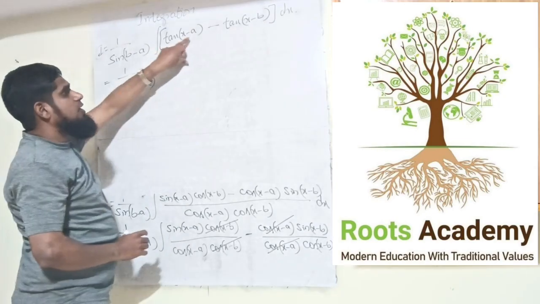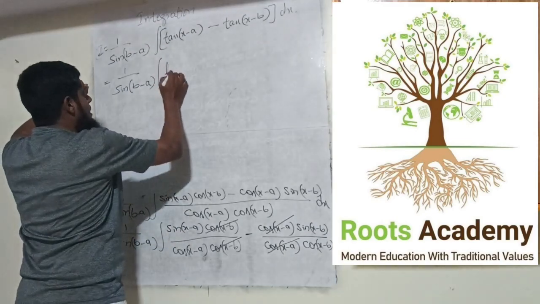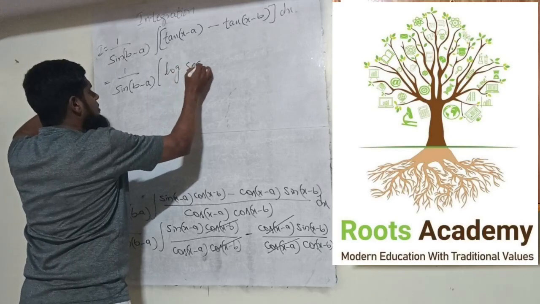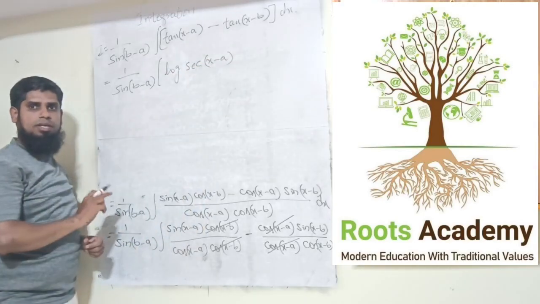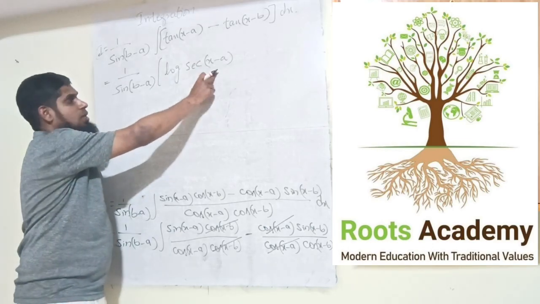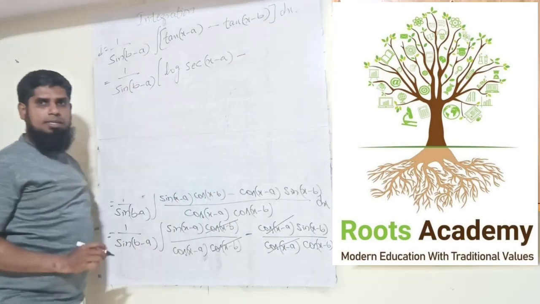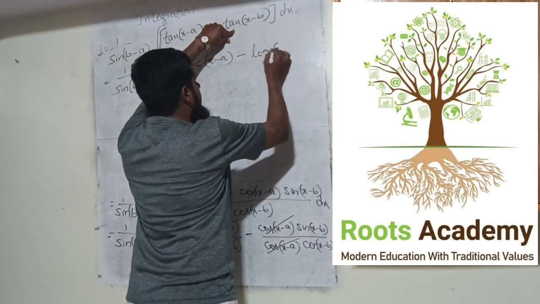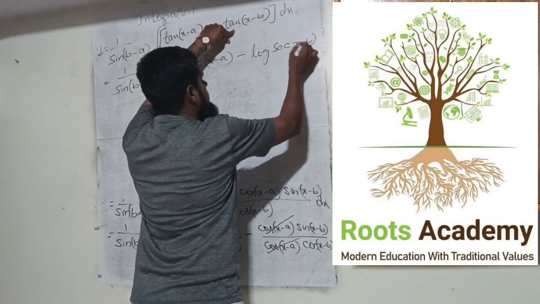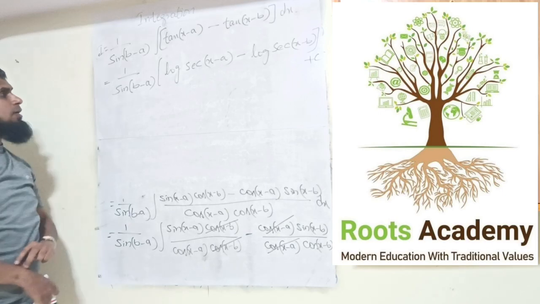So the integration of tan x minus a is, bracket, log of secant x minus a. Instead of taking minus log cos x minus a, I will take log secant x minus a. This minus as it is. Again integration of tan is log of secant x minus b, close the bracket, plus c.